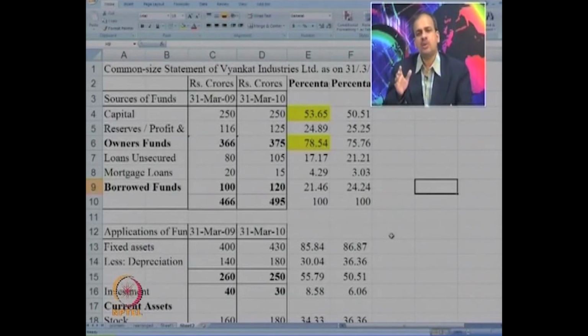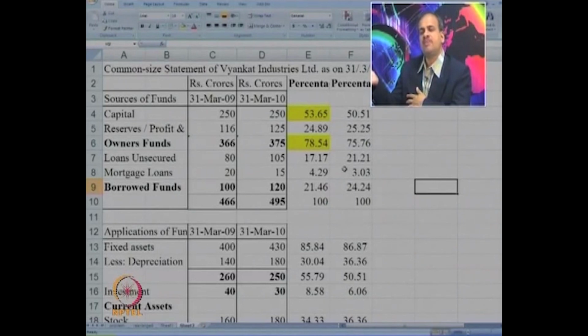Now, it is not so much useful for comparing with the same company, because you can see we do not see much difference in the percentage. Where it is much more useful is if we want to compare this company with some other company, then common size statement data is extremely useful, because two companies are at different sizes. One company may be small, another may be big.